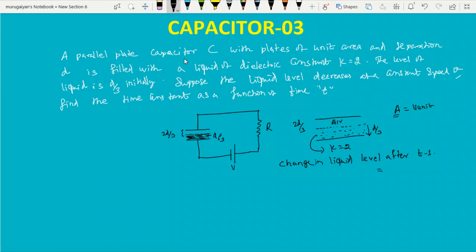Using the formula speed equals distance by time, the distance is Vt. So Vt is the amount the liquid level decreases during the time interval of t seconds. This is the change in liquid level.